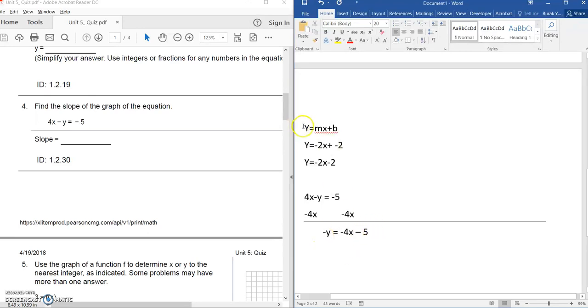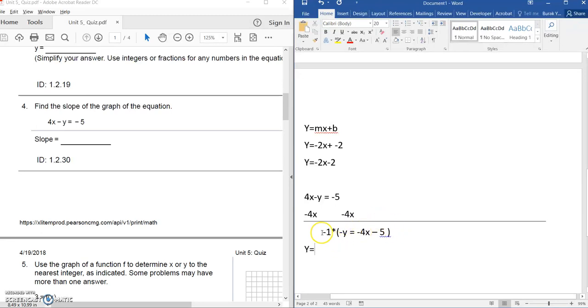So is it in the slope-intercept form? Not quite, because we don't need this negative here, so I need to get rid of it. So if I just multiply this whole equation by -1, then that's going to turn this into a positive. So every single term here, the y, the x, and this constant 5, they're all going to be multiplied by negative, so -1 times -y would be just positive y.